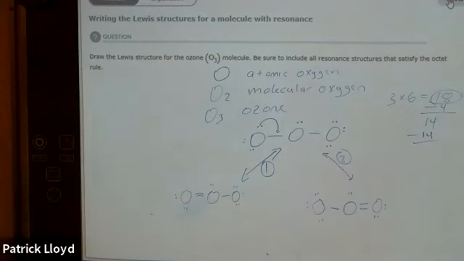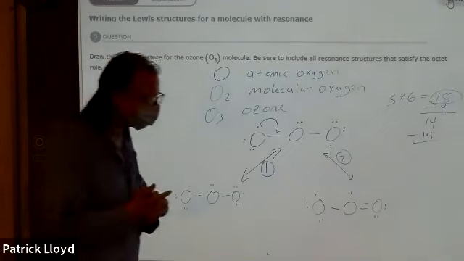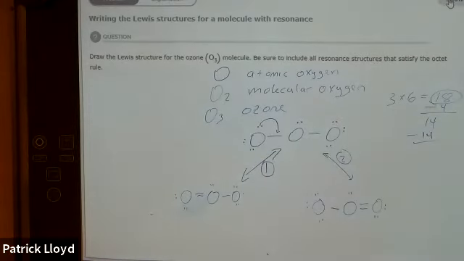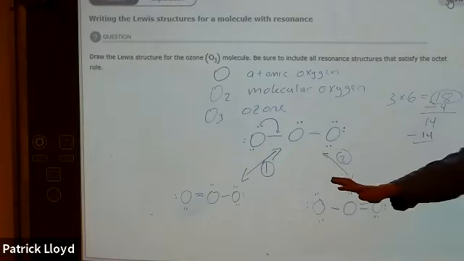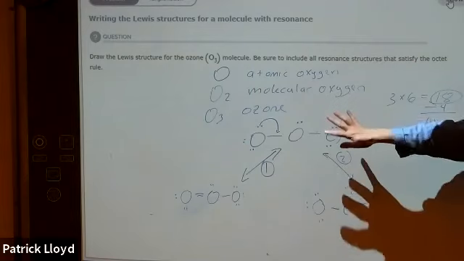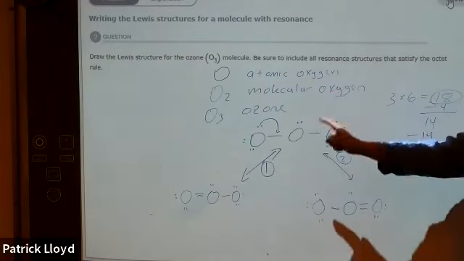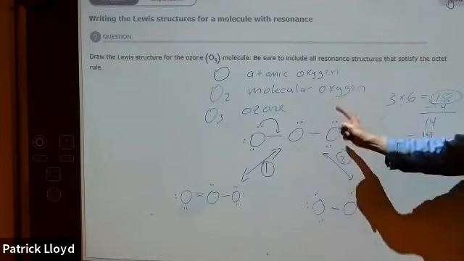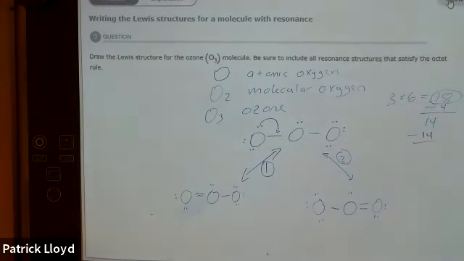Okay. That's resonance. The nice thing about that section is that you're really doing a lot of the earlier stuff: electronegativity, the octet rule, the arrangement of atoms, and all of that. It's all in that type of problem.